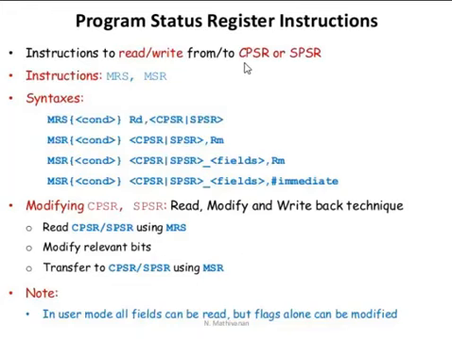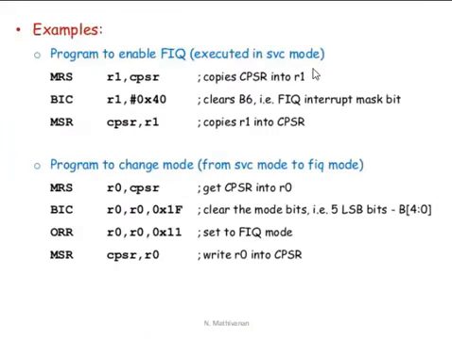Instructions to read and write from CPSR to SPSR. Okay, these are the instructions MSR and MRS. So to enable the fast interrupt, what you use is MRS R1 comma CPSR, that copies the CPSR value into register R1.